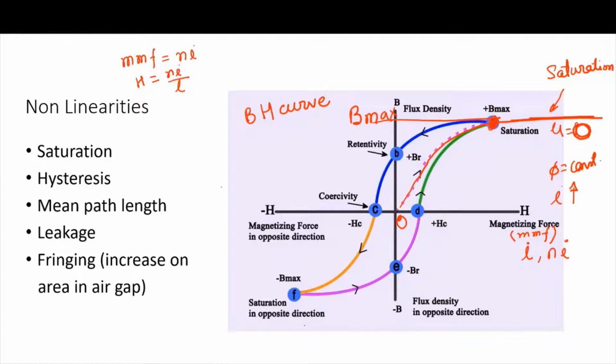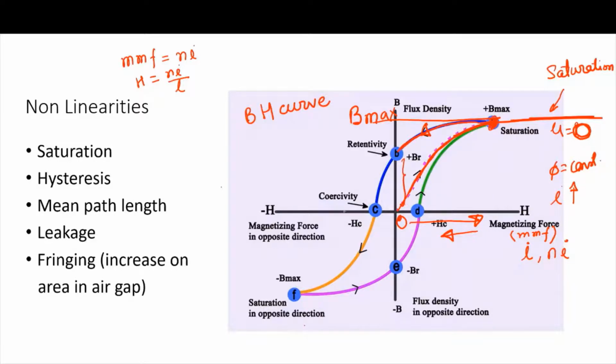So you increase the MMF, you reach this flux, and then you again reduce your current. There is a property in these materials that it will not follow the same path. It will follow another path, and even when you have reduced the current to zero, there will be small flux density remaining in the core.